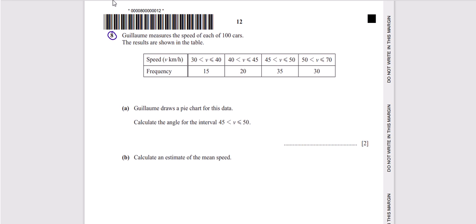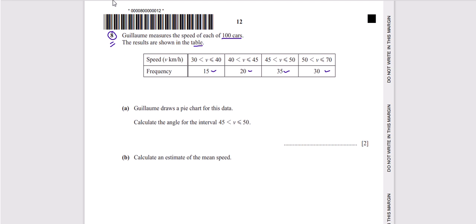Question number 8. Guleme measured the speed of each of 100 cars. The results are shown in the table. Here the first column is the speed in kilometers per hour, and the frequency is 15, 20, 35 and 30.